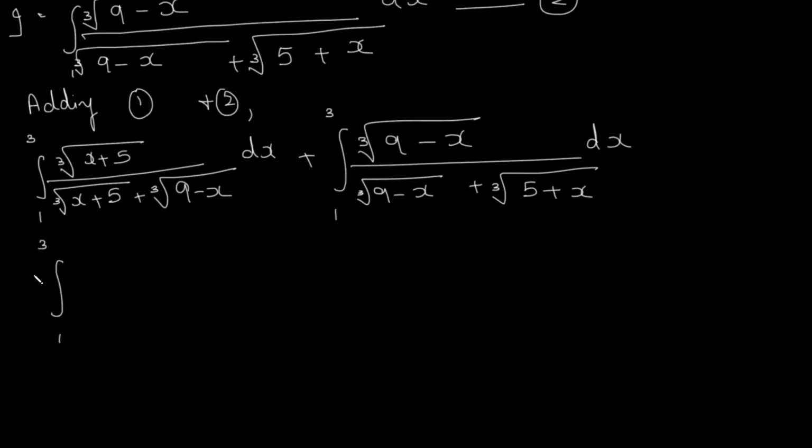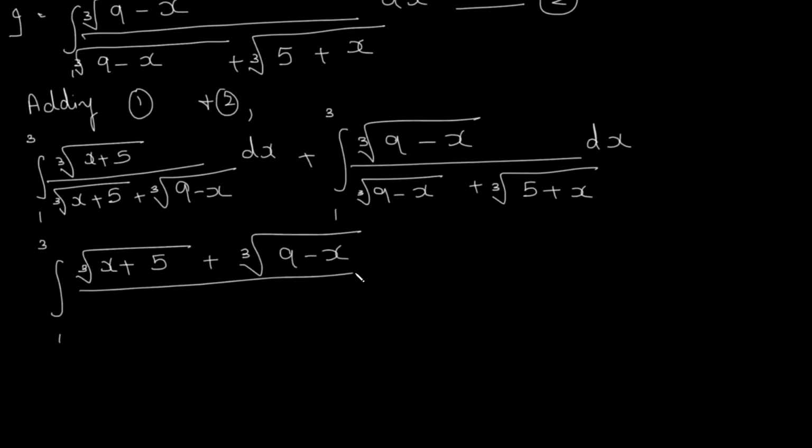And we write the common denominator, that is cube root of x plus 5 plus cube root of 9 minus x in both the cases actually. And so the numerators are added this way. So cube root of x plus 5 plus the cube root of 9 minus x upon the cube root of x plus 5 plus again the cube root of 9 minus x dx.